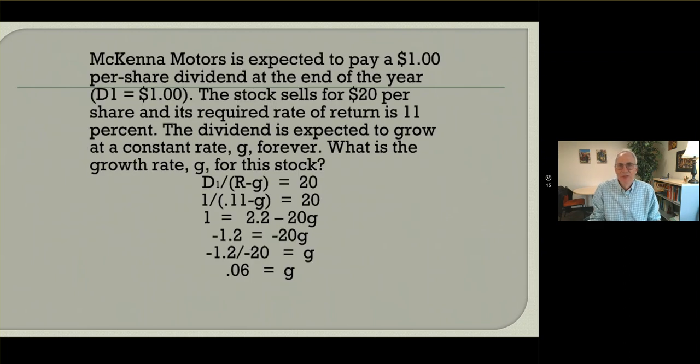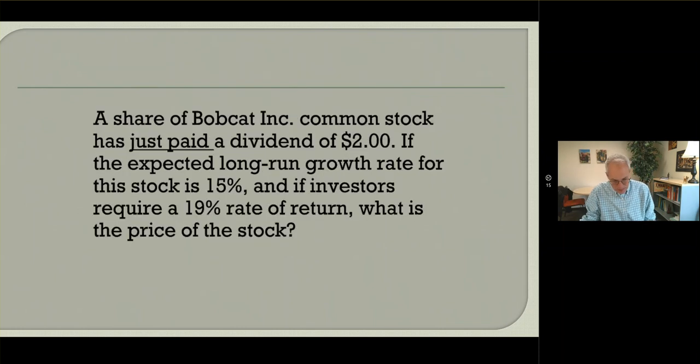Okay, so here's the math. I'm not going to go through it. You can pause this if you want, and you can follow everything that I did there. So the answer is 6%. So once again, another problem right there on your sheet. So put me on pause, read through it, see if you can figure it out.